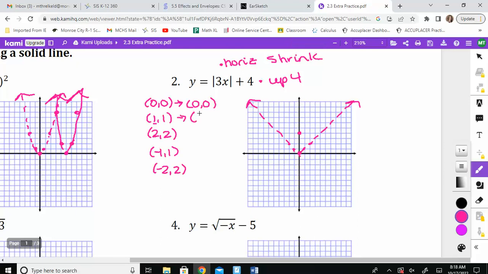Okay. This point would become what? 1, 3. That 3 would make it a 1/3, 1, and then we have to go up 4.